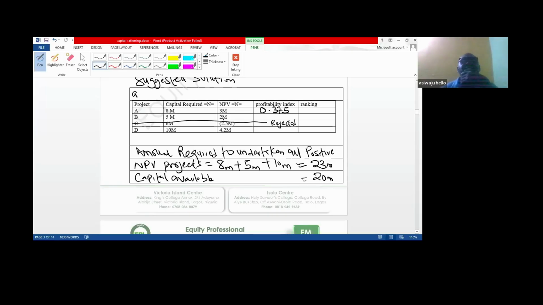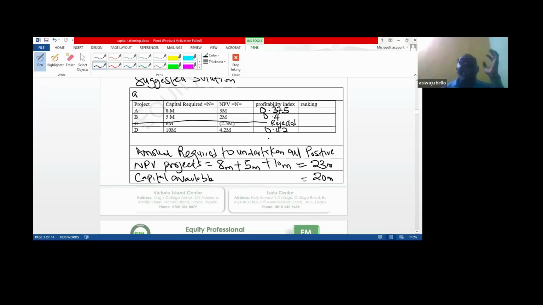For project B, 2 divided by 5. 0.4. For project D, 4.2 divided by 10. 0.42.